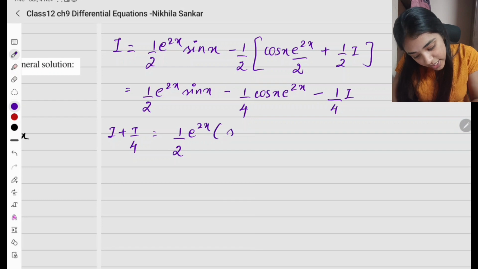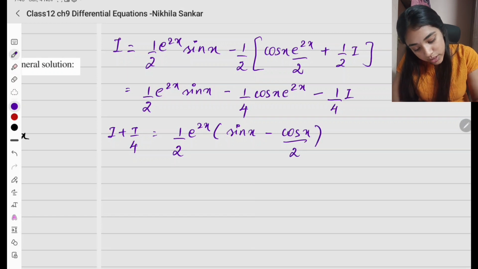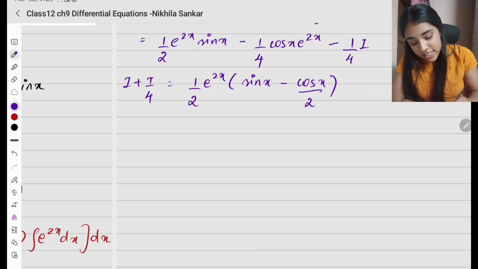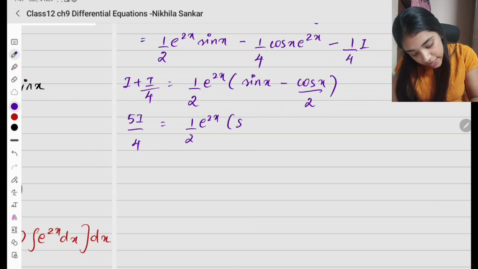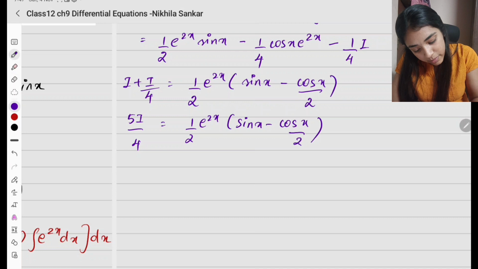So e to the 2x times sin x minus cos x divided by 2. There is a by 2 here, don't forget. So now what is my left hand side? I divided by 4. Taking LCM, I have 5I divided by 4 equals half e to the 2x times sin x minus cos x divided by 2.